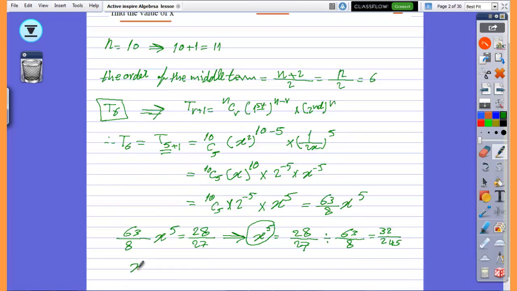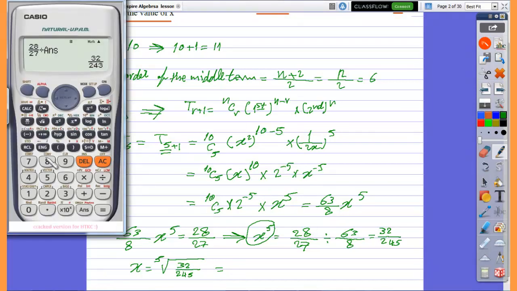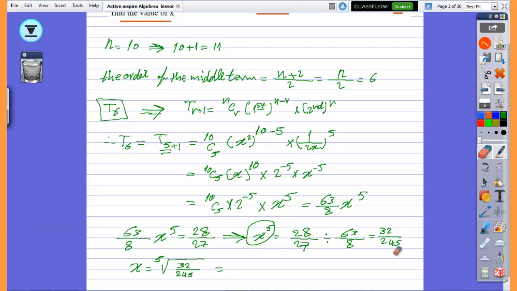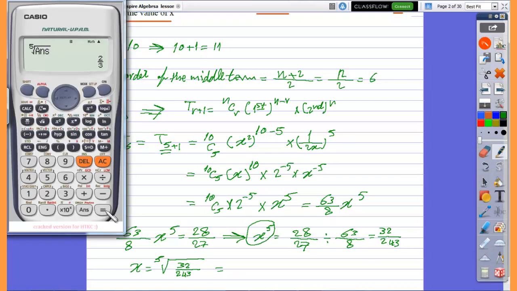So x equals the fifth root of this fraction, 32 over 243, which, also, you can calculate in the calculator, equals 2 over 3.